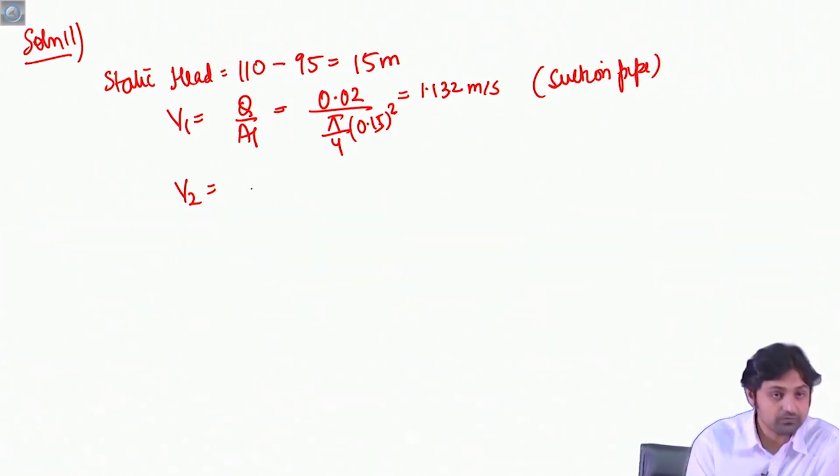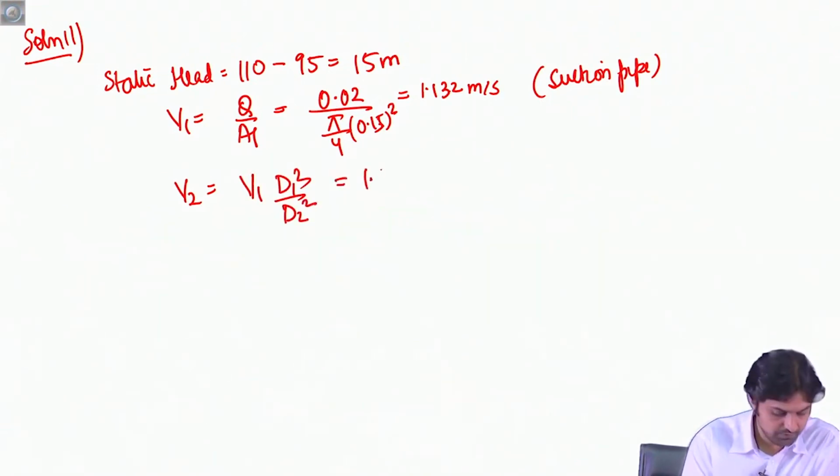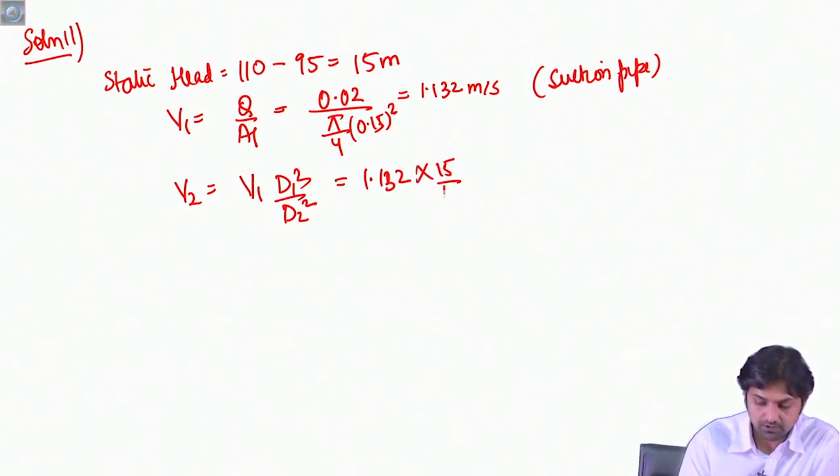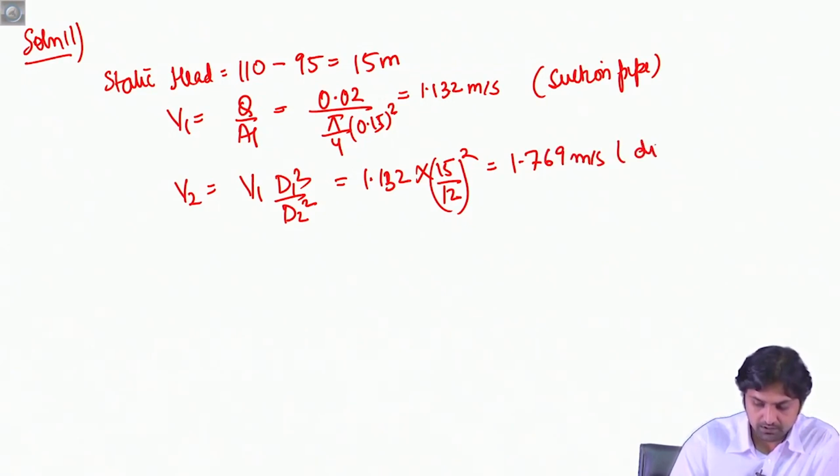We can use A1 V1 equal to A2 V2, and therefore V2 can be written in terms of D1 squared by D2 squared, or you can also do Q by A2, 15 by 12, D2 was 12, and it will come to be 1.769 meters per second in the delivery pipe.